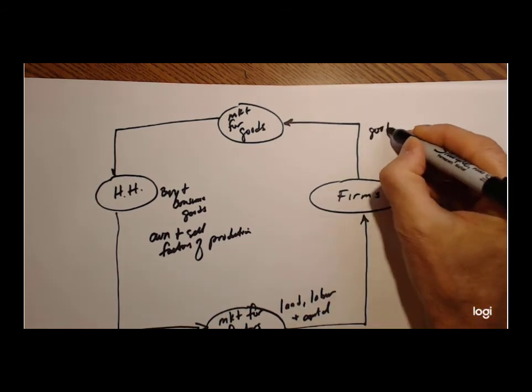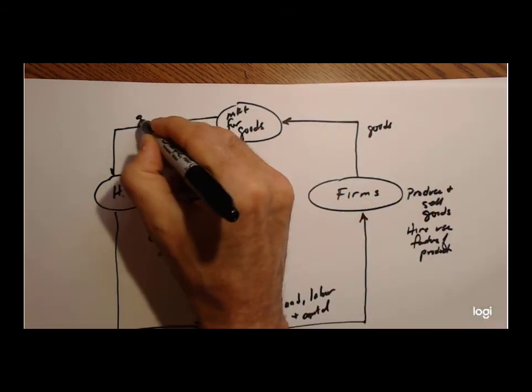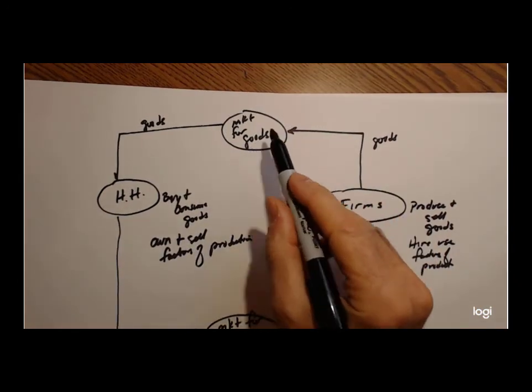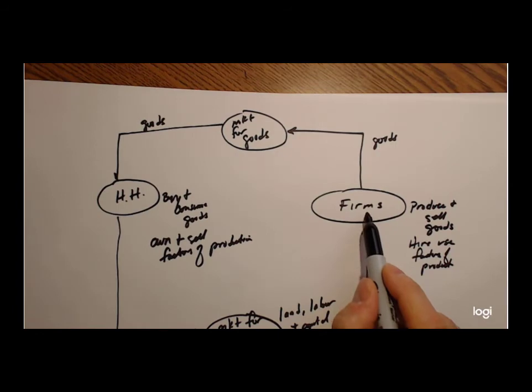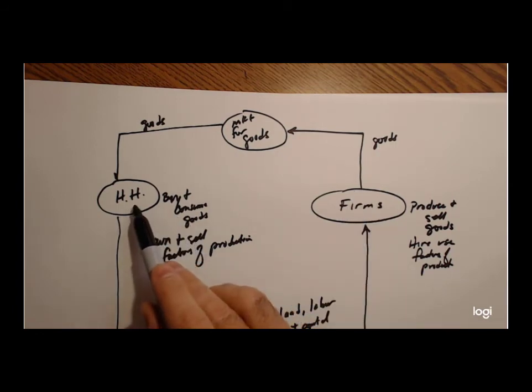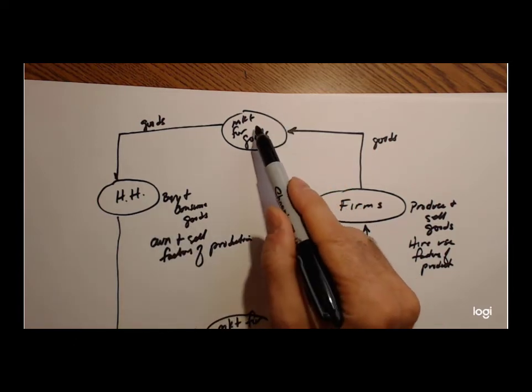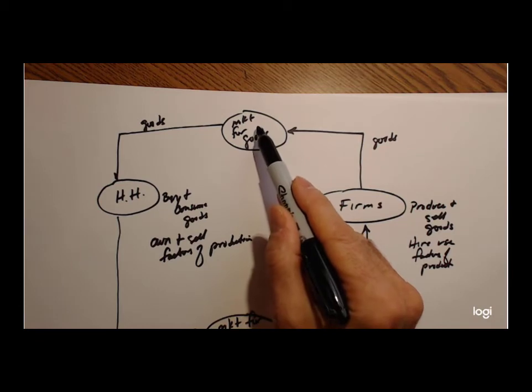Okay, so this is goods. And then goods are going into the households for consumption. The price of those goods is determined by what firms supply and how much demand is coming from households. And we have a lot to say about the market for goods. It's most of the first half of the course.